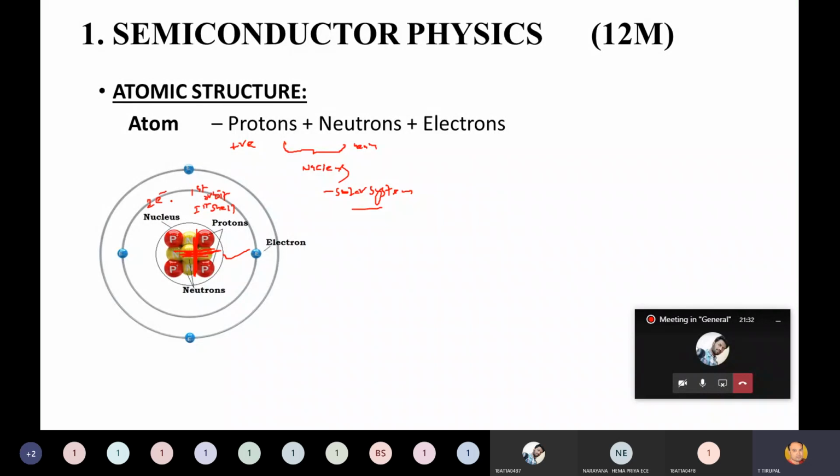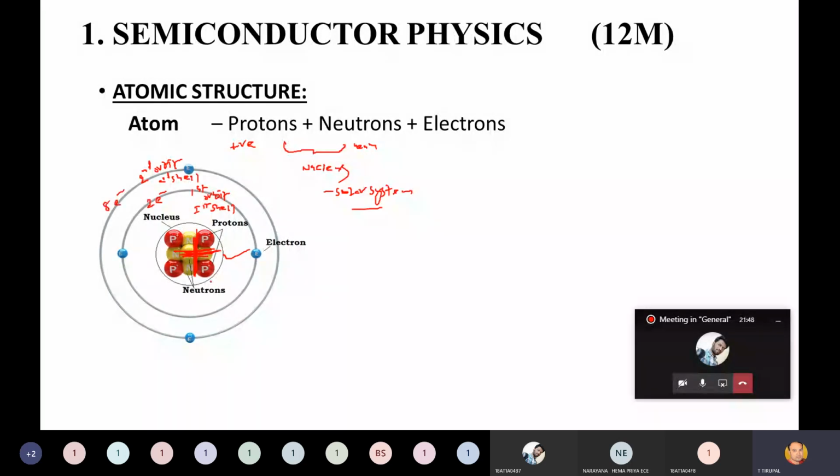Similarly, this is the second orbit, also called the second shell, where 8 electrons revolve around the nucleus.